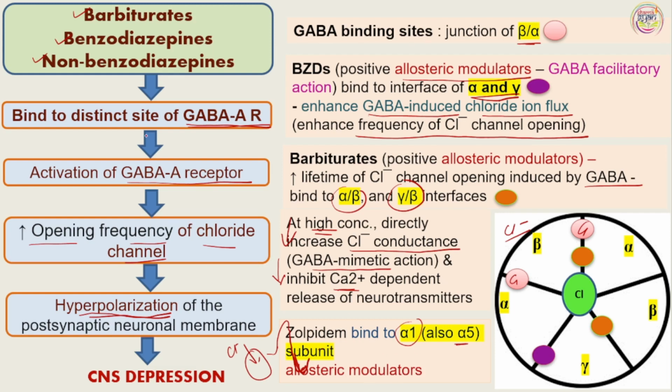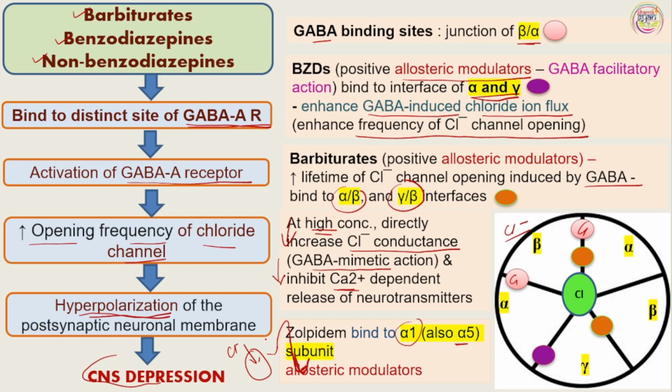So these are the drugs that, after binding to the GABA receptor, bind to a specific or distinct site which is not the same as the binding site of GABA. Then they increase the opening frequency of the chloride channel. Chloride ions come inside the cell, causing hyperpolarization of the postsynaptic neuronal membrane, which results in CNS depression.